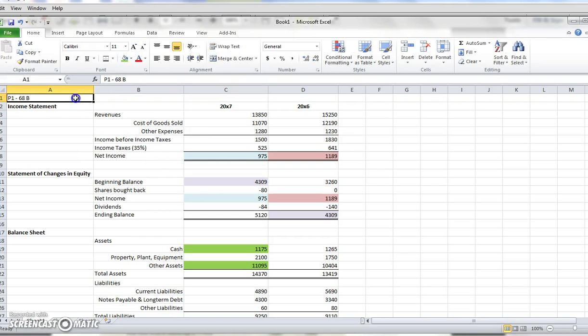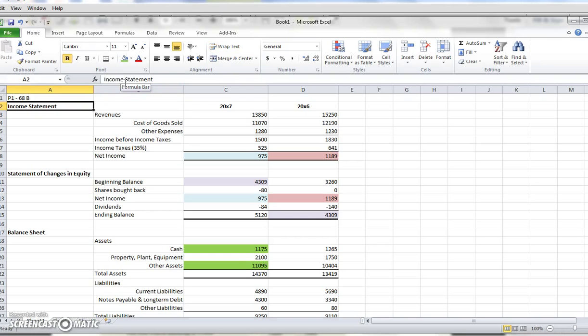2000x7 for question number 68B. It's a practice exercise here at the end of chapter number 1 in accounting grade 12. As you can see, this is mostly arithmetic. Once you understand where everything flows, remember you start off with a transaction, and financial statements are summaries at the end of a certain period of time of the financial transactions.